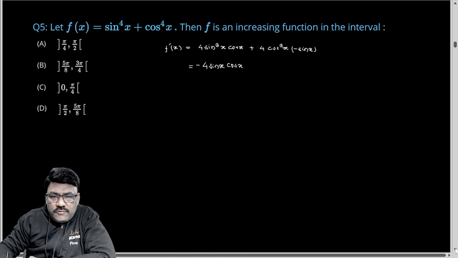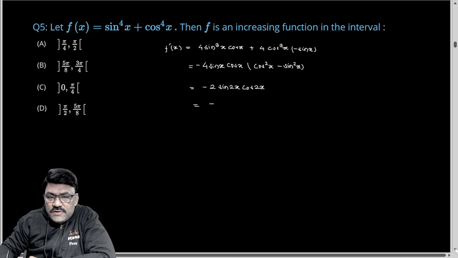In fact, take minus 4 sine x cos x common, so you will get cos square x minus sine square x. Now you know that 2 sine x cos x becomes sine 2x, so it is minus 2 sine 2x. And cos square x minus sine square x is cos 2x. So ultimately it is minus sine 4x.